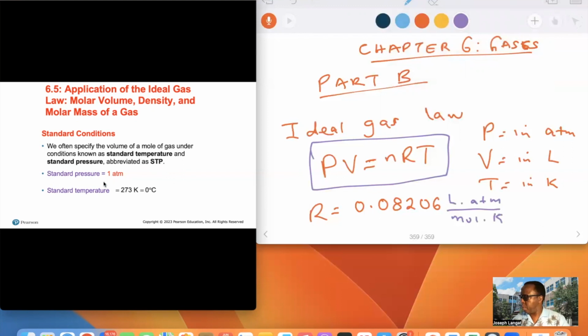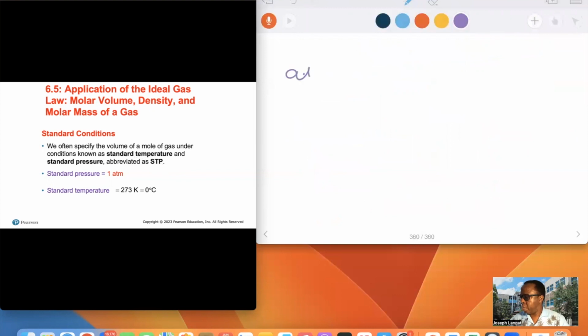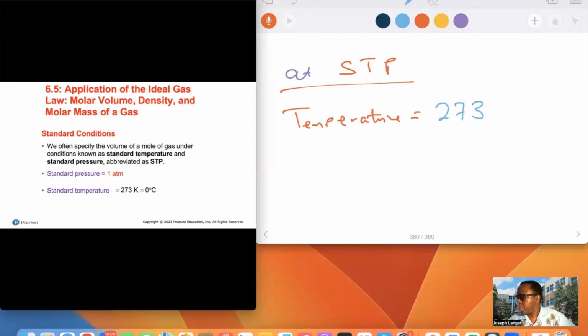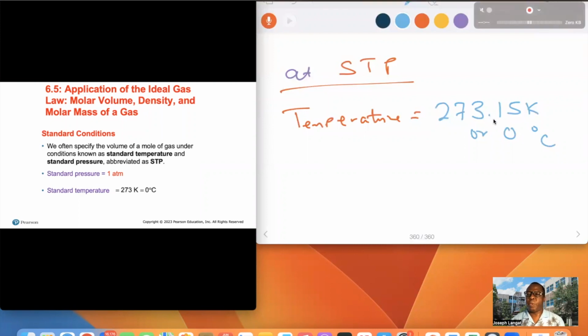At STP, temperature is always 273 K. Some others use 273.15 K, or 0 degrees Celsius. Note that at STP, temperature has to be 273.15 K or 0 degrees Celsius.